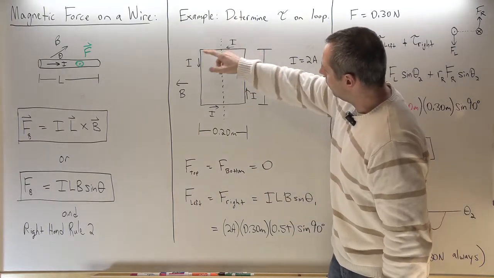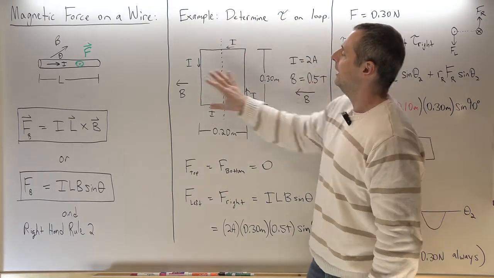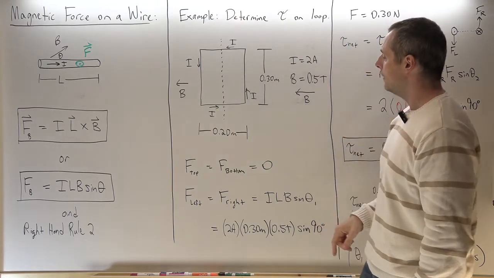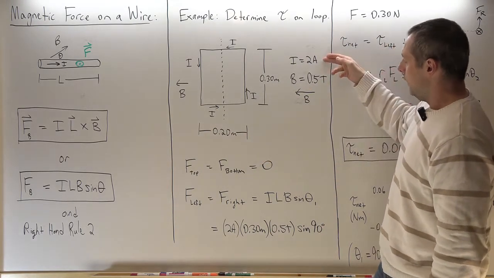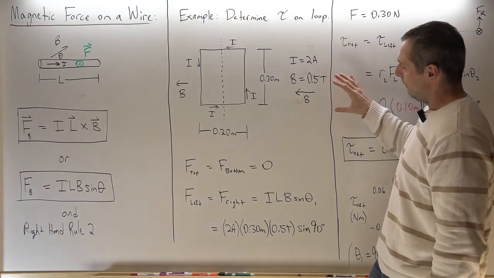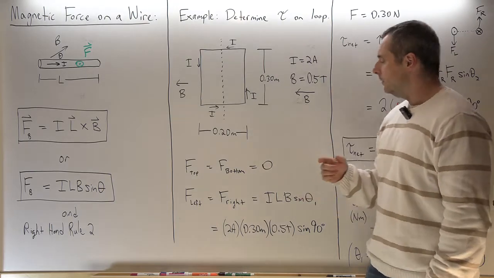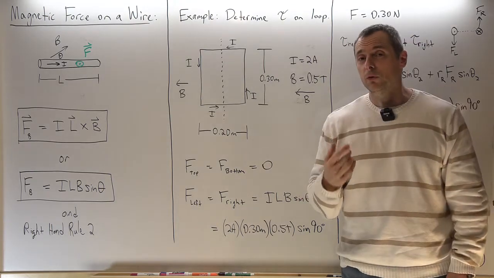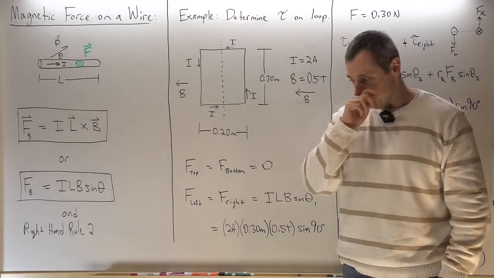It's got current going around in the counterclockwise direction in a magnetic field pointing to the left within the board. And here are the dimensions, 0.2 by 0.3 meters. There's 2 amps of current and half a Tesla of magnetic field going like this in the board. So first thing we have to do is find where there's force, so we could start thinking about torque, which is rF sine theta.